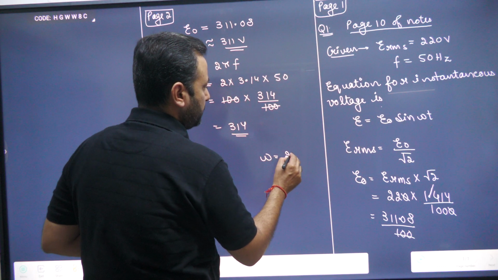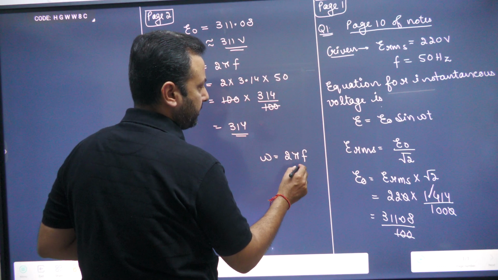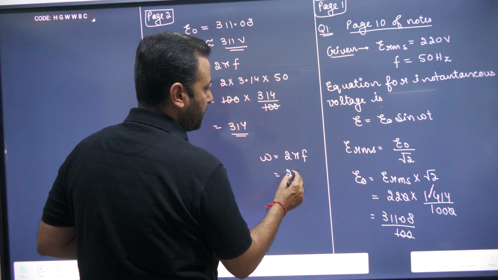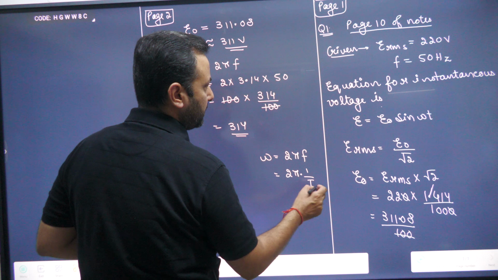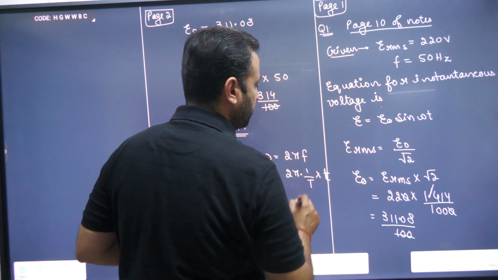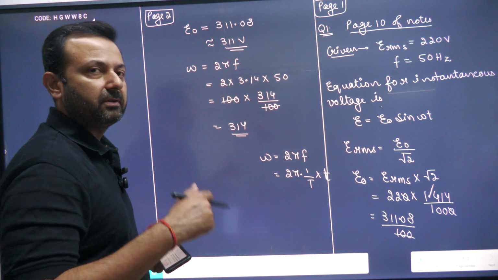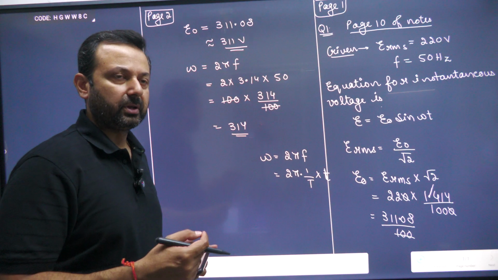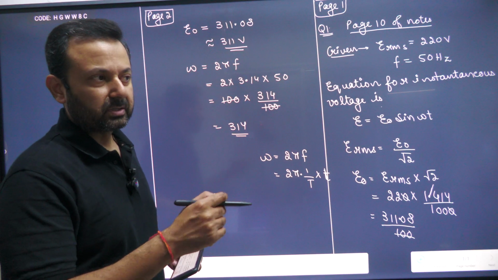Omega is equal to 2 pi f, and this f is 1 upon capital T, and this t is small t. There is a difference between small t and capital T. Small t is a variable. Small t is any time duration, 1 second, 2 second.